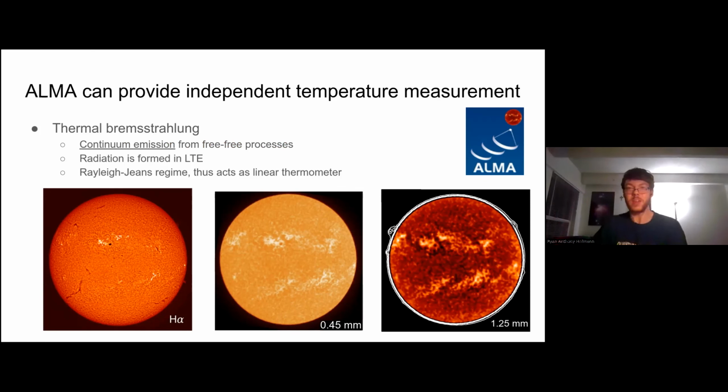It's formed effectively in LTE, so it more or less acts like a linear thermometer, as they like to say. So if you're looking at a certain spot on the solar disk, then in theory, that should just be directly telling you the temperature of the electron gas at that spot, in theory.